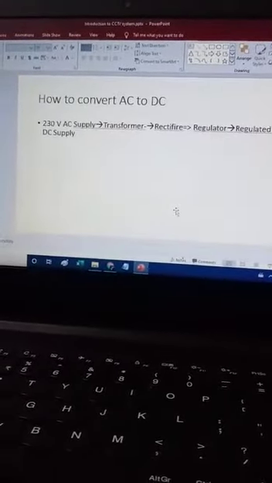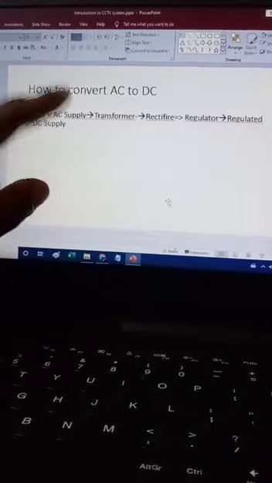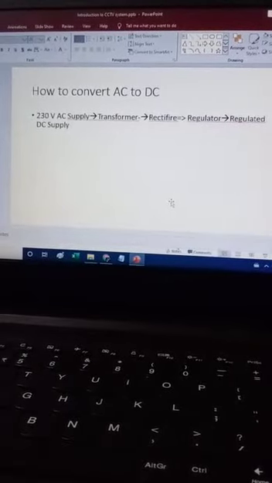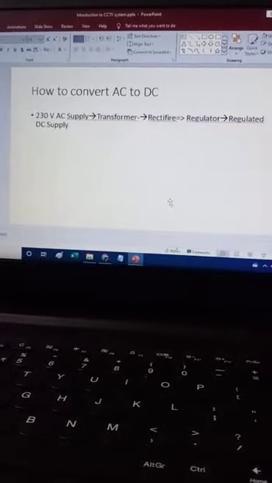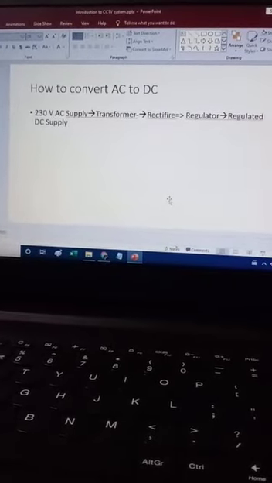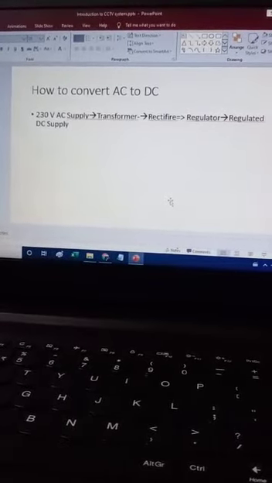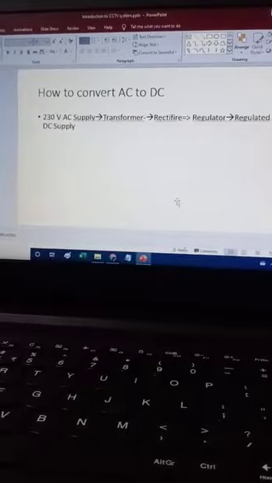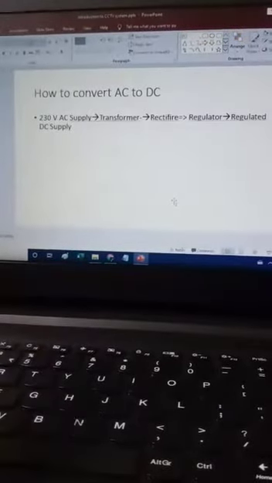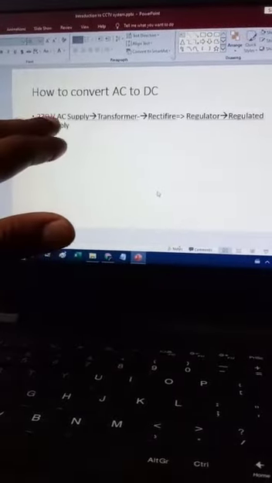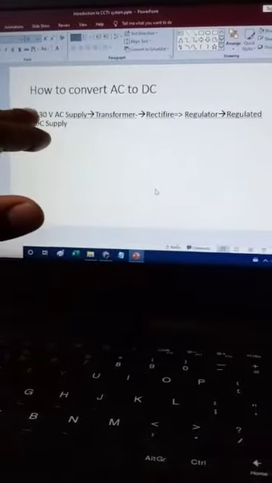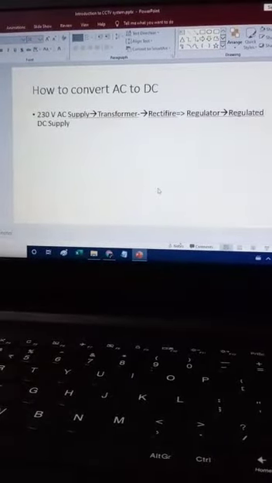That means as we are providing the 230 volt AC supply, the step down transformer will decrease that quantity, but a transformer never converts the AC quantity into the DC quantity. A transformer always transforms AC to AC. It can increase the value or decrease the value.